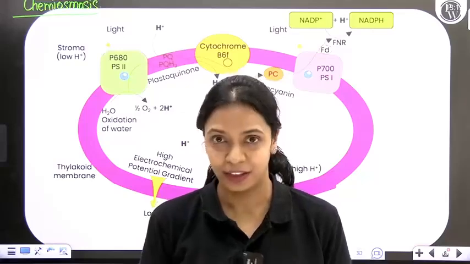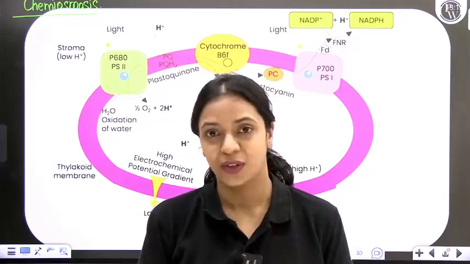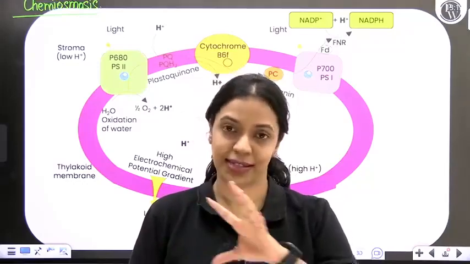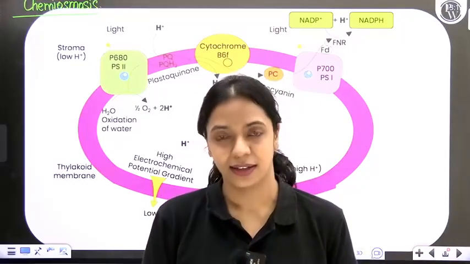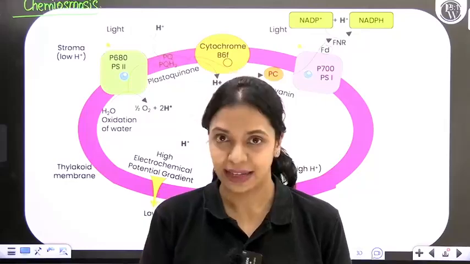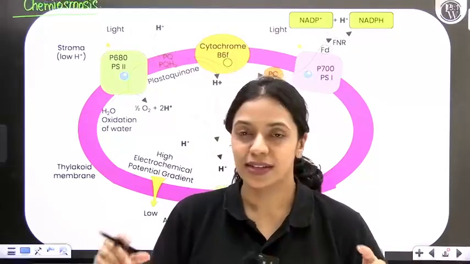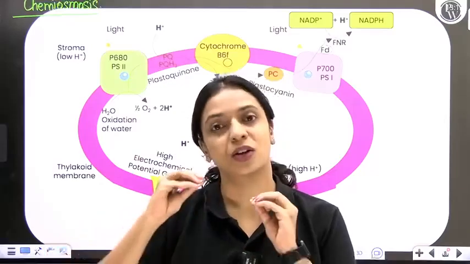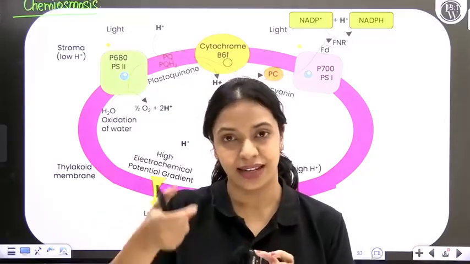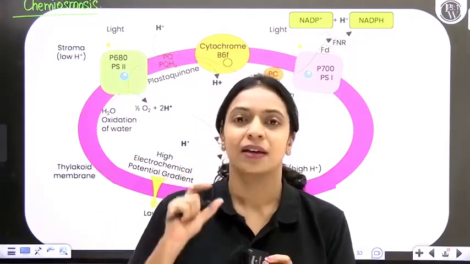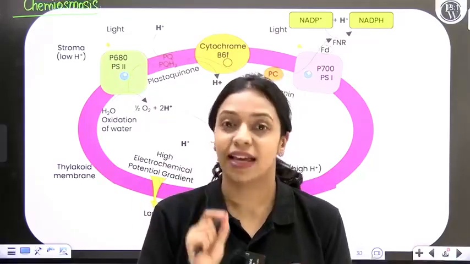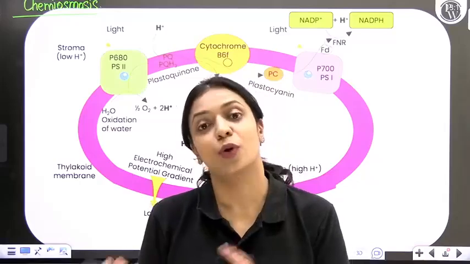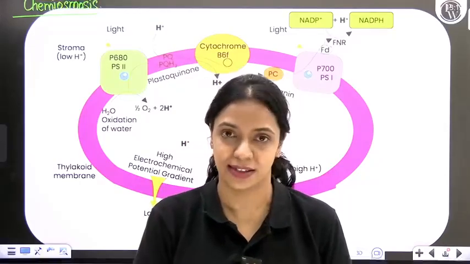What does gradient mean? Gradient means there is more of something on one side, there is less of the same thing on the other side. So if I'm talking about the proton gradient, I mean on one side of the membrane there is more proton, on the other side of the same membrane the concentration of proton is less. So there is a proton gradient. This proton gradient is generated during the light reaction. As a result of this proton gradient, ATP will get synthesized.